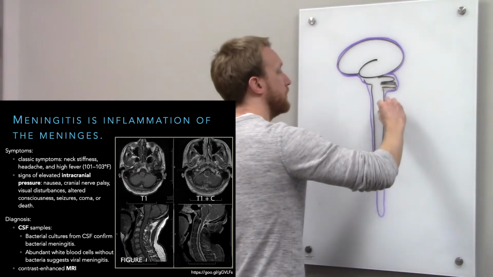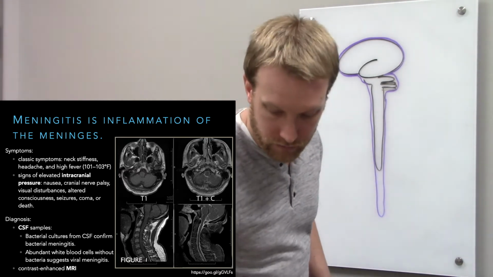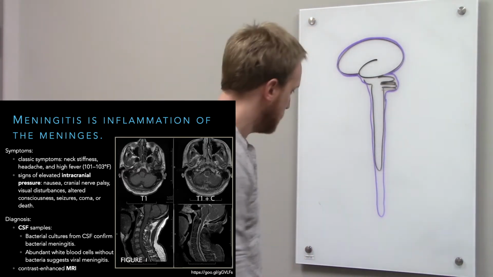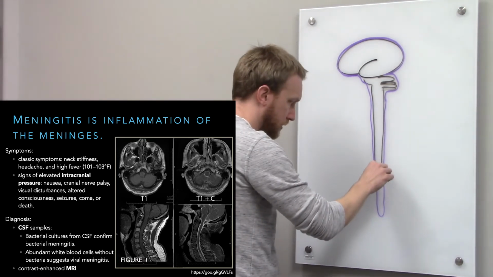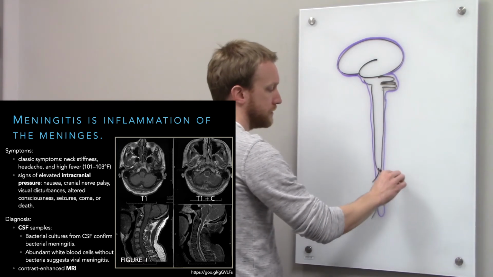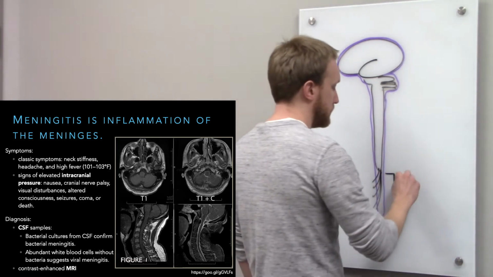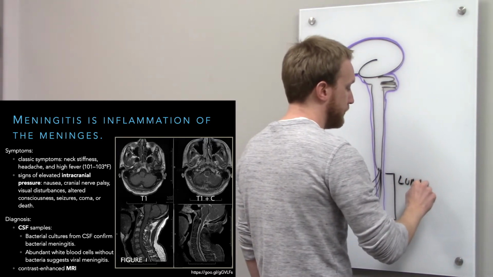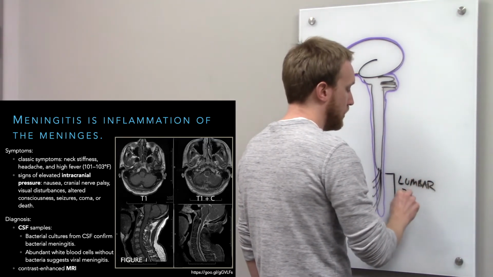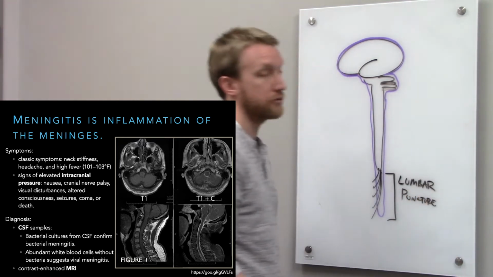Don't worry, I don't have any visual disturbances. I ran this down for a reason. In here we have our cauda equina. We have our lumbar cistern. That's why we'll do a lumbar puncture to grab some CSF. Of course, assuming we don't have any elevated intracranial pressure.